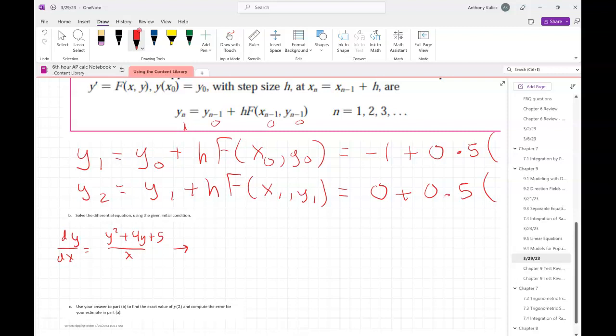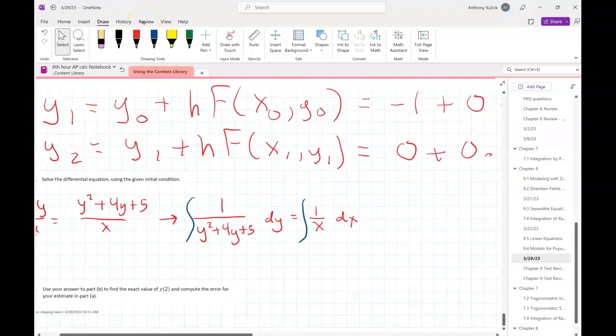We're going to separate this, and then we'll integrate both sides. How do I do the antiderivative of 1 over y squared plus 4y plus 5? Every single one of you should know how to do this. Yeah, I have to do the completing the square with tan inverse. I think this was almost exactly the test question.